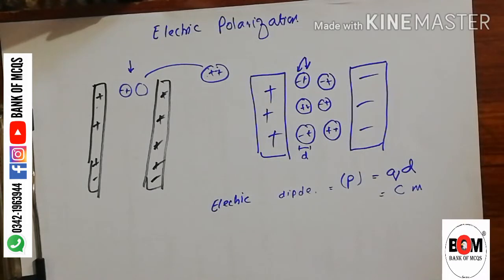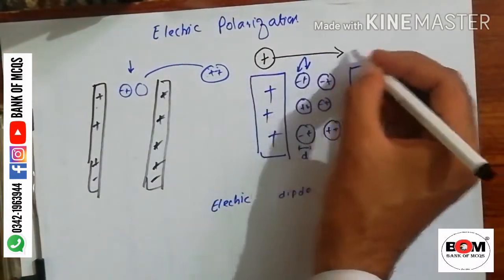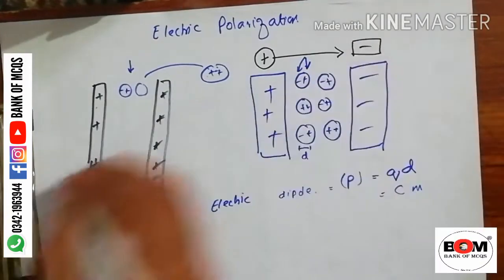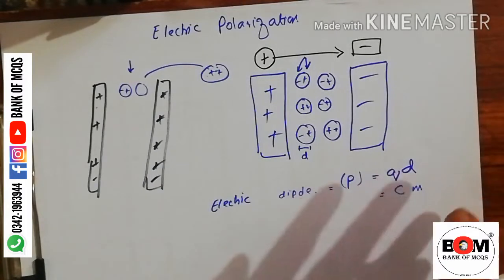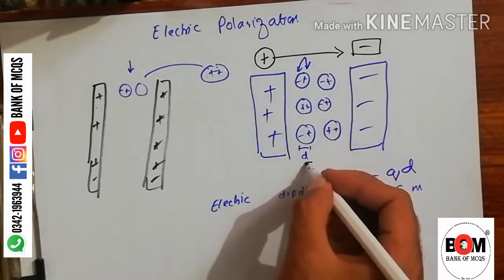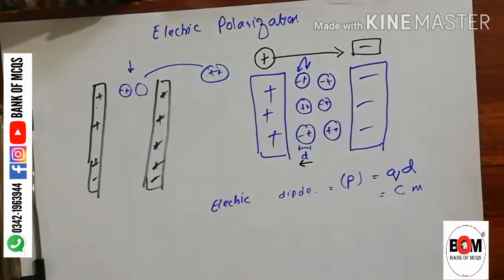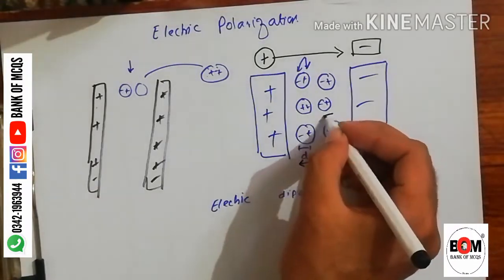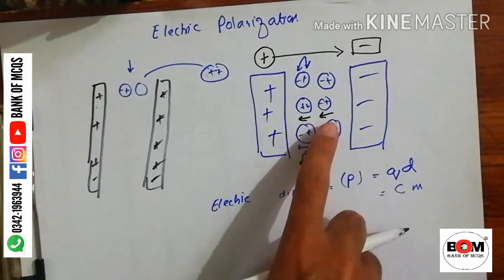Now another point to remember is that the electric field is in the direction from positive towards negative. So the electric field is from positive to negative plate of the capacitor, while inside the dipole it is from negative to positive. If we see, these two are opposite in direction, as we can see it is from left to right while this is from right to left.